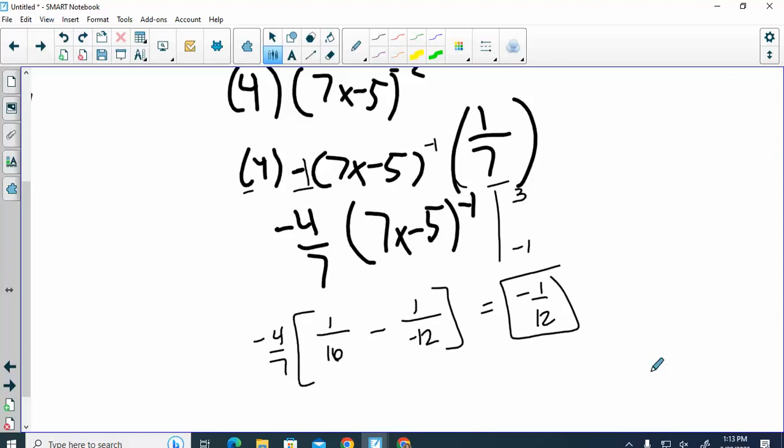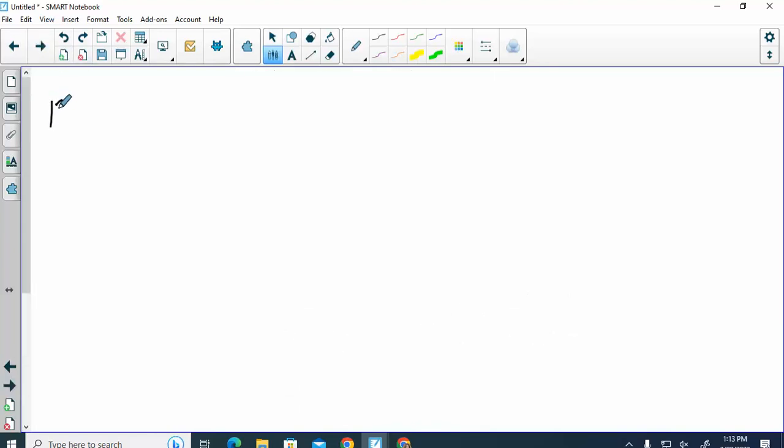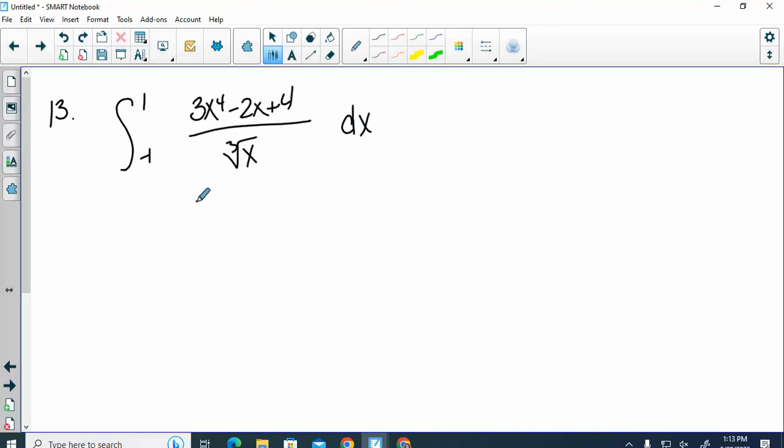We only have about 5 minutes left. Out of the next 3, do you know how to do number 13? No. I mean, probably. I'm going to change it from -1 to 1. If I think about it, I can do it. Okay, a cube root is like what power?